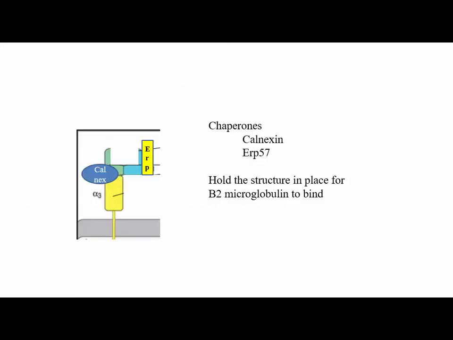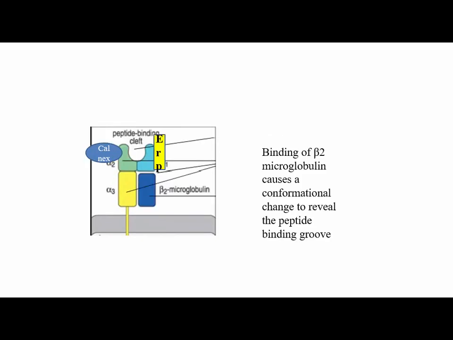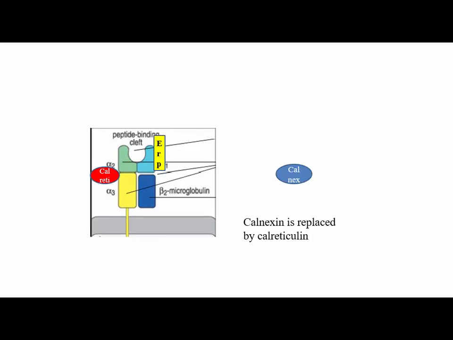And when it holds it up, it enables beta 2 microglobulin to slot in. Okay? And at that point, we have MHC1 functionally composed together. And once beta 2 microglobulin binds, the peptide binding groove on MHC1 becomes exposed. And we need it to become exposed so the peptide or the epitope can bind to it.